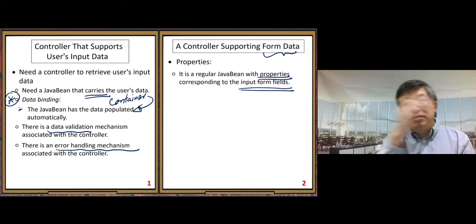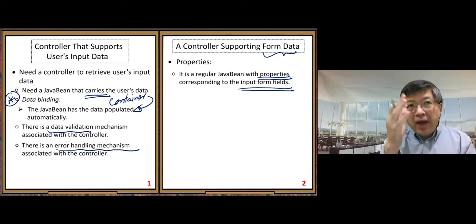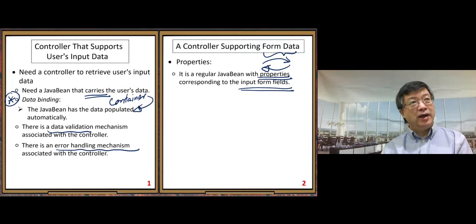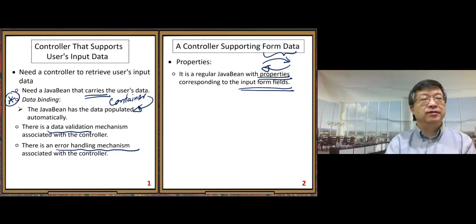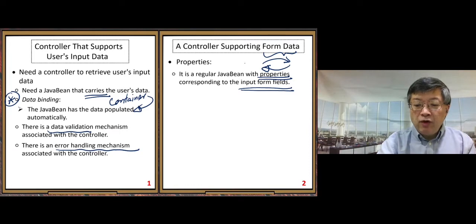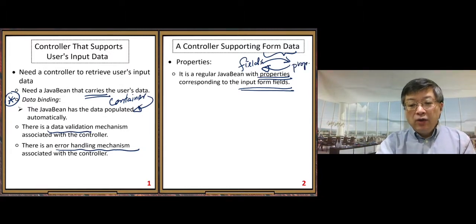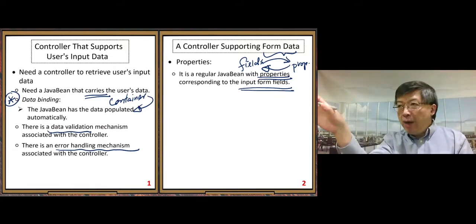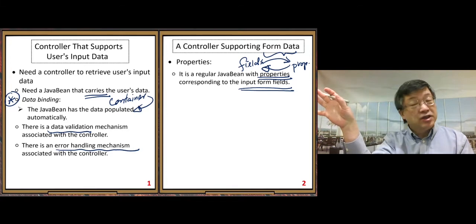Then the data copies can be made in two ways. When you do data copies, you will do two-way copies, right? Read and write. Suppose the form fields are here and the properties are here. When you copy data from form fields into the properties of the Java bean, that's the write operation.